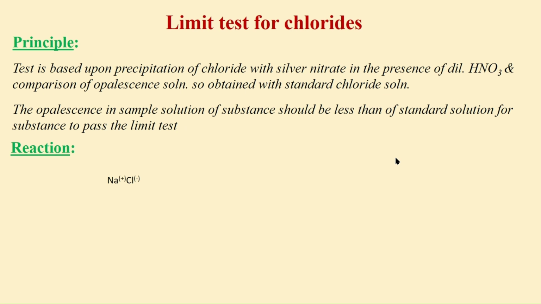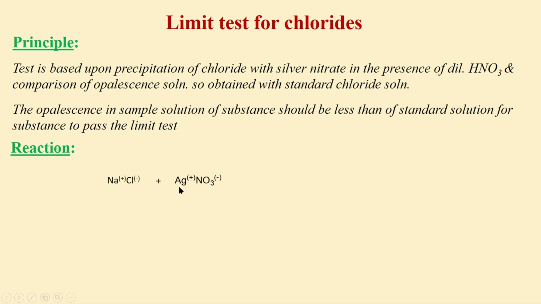So the chlorides may be present in the form of sodium chloride, for example, or in the form of ammonium chloride and others. Sodium chloride has sodium ions and chloride ions. It can react with silver nitrate.